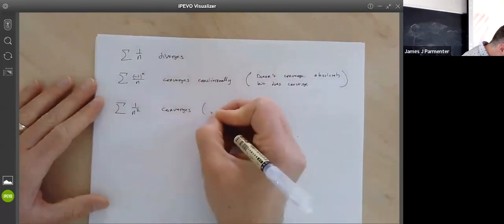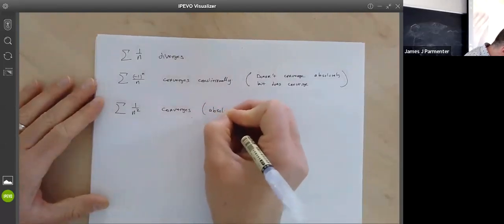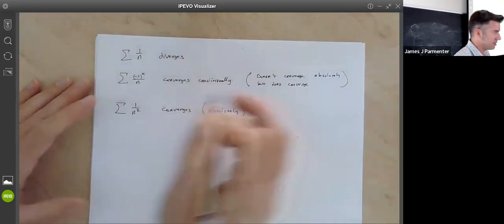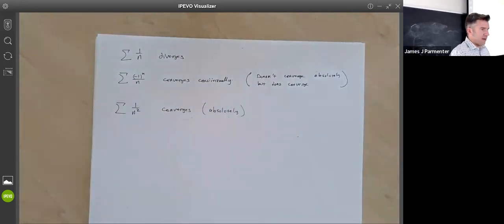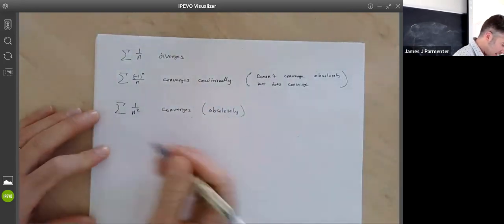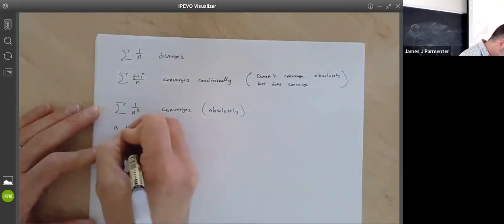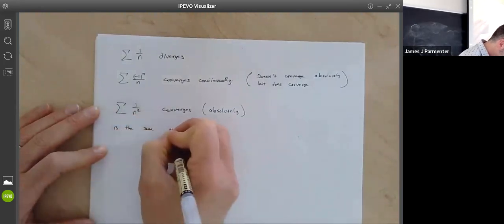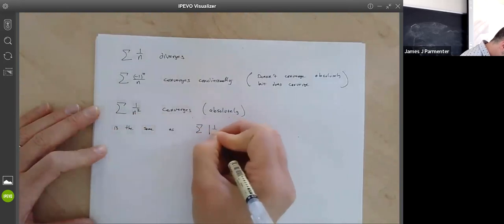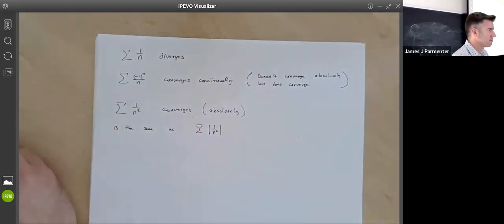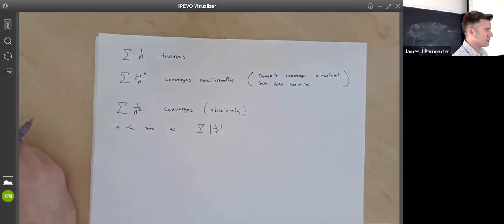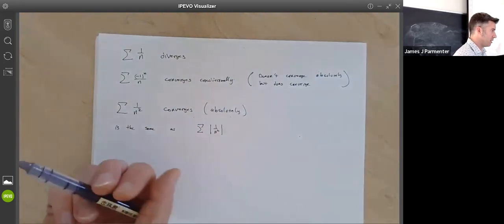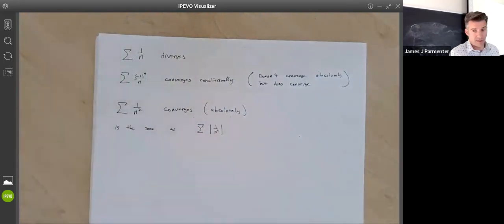If it converges, it automatically converges absolutely, because it's no different than its series of absolute value terms. That's true for any series where all the terms are positive. If it's convergent, it's automatically absolutely convergent.